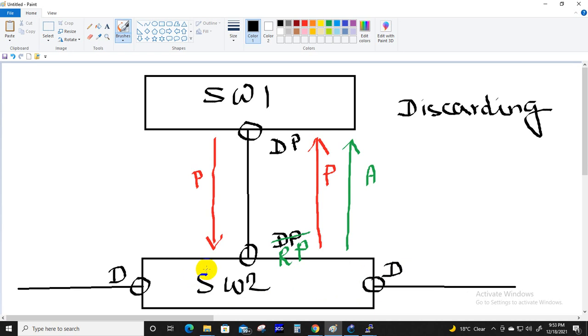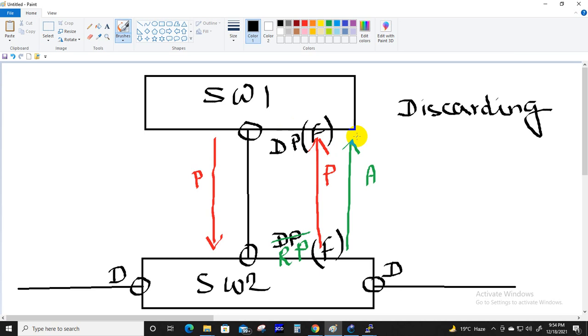And the port which receives and sends the superior BPDU, that means this port sends the superior BPDU and this port receives it, moves to forwarding state. Clear?